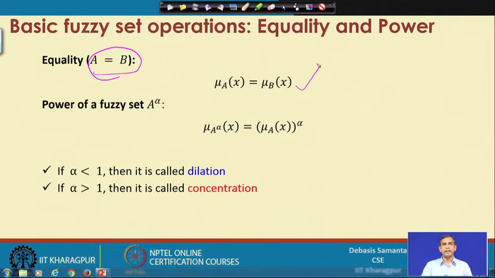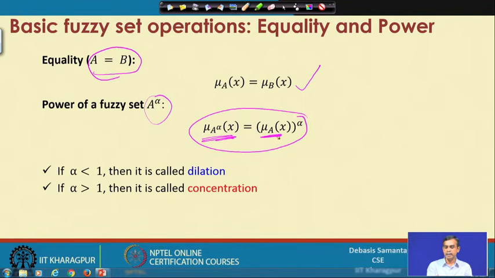Now, the power of a fuzzy set is denoted as A to the power alpha, where alpha is a constant of any value. The membership value of the resultant fuzzy set can be obtained using this expression, where this is the membership value of the resultant fuzzy set and mu(x) is that of the original fuzzy set, and here it is mu(x) to the power alpha.